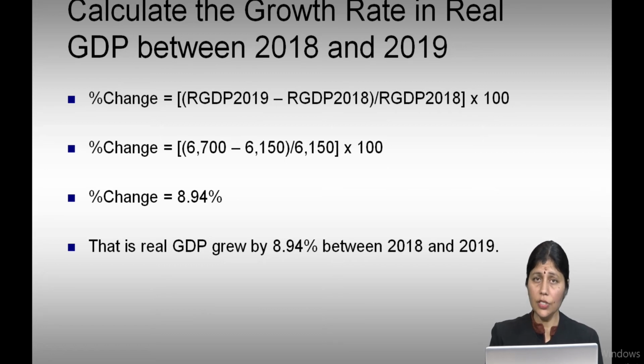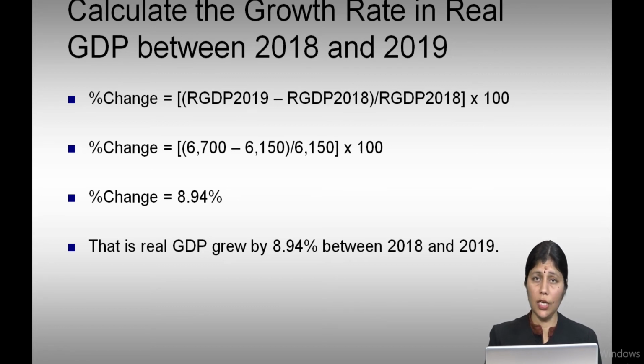Now, the percent change is equal to the real GDP 2019, that was 6,700, minus the old real GDP, that was 6,150, divided by old real GDP, this is 6,150, multiplied by 100. So, what is the percentage change occurring?